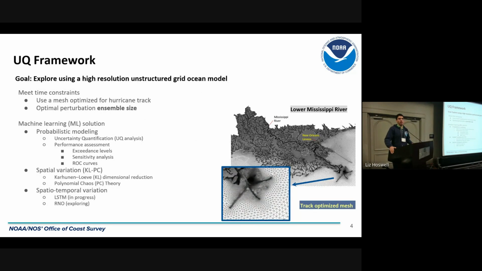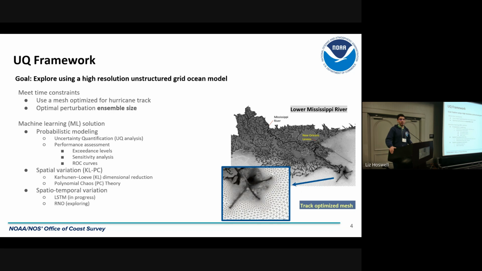The main reason we need this framework is that we're going to have a high resolution model, so we might not be able to have as many ensemble members in a given time. So we went with a machine learning approach, using KLPC for dimensional reduction and polynomial chaos theory to fill in the blanks. So we have a smaller ensemble size, but we're filling in the blanks using this machine learning approach.